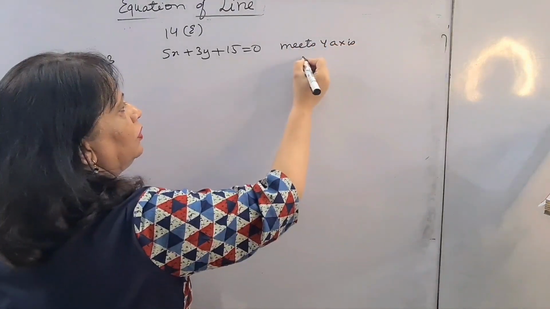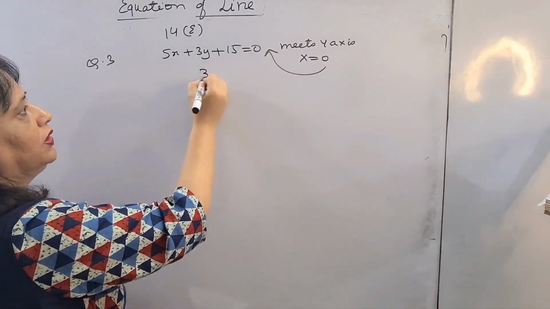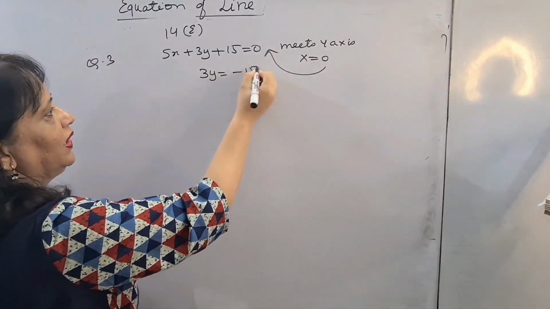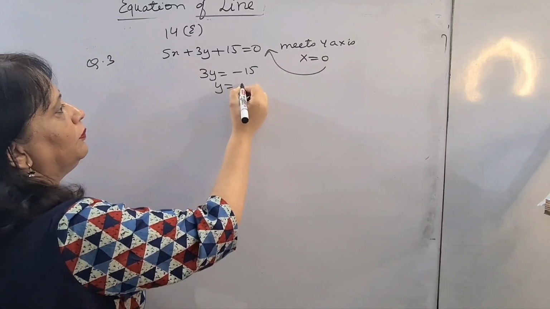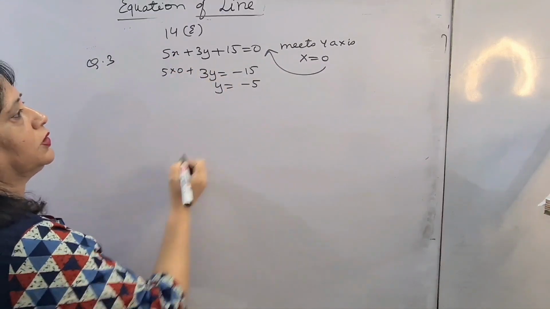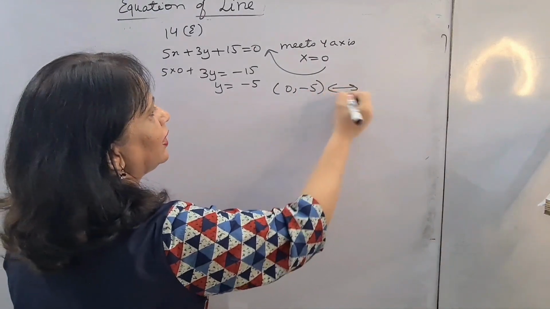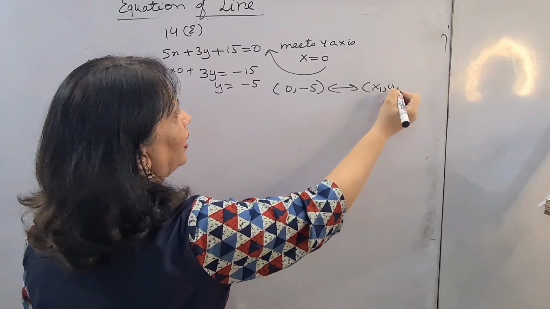You already know that x is equal to 0 in the given equation. So 3y is equal to minus 15 or y is equal to minus 5. We take x is equal to 0. So I have the point 0 and minus 5. This will become x1 comma y1.